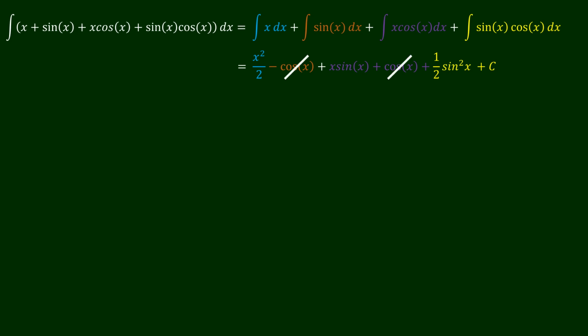And so the negative cosine x and positive cosine x cancel out. And so we have x squared over 2 plus x sine x plus a half of sine squared x plus a constant. So this is our answer. We could also express it in a more compact fraction where we have x plus sine x, squared, over 2 plus c as our final answer.